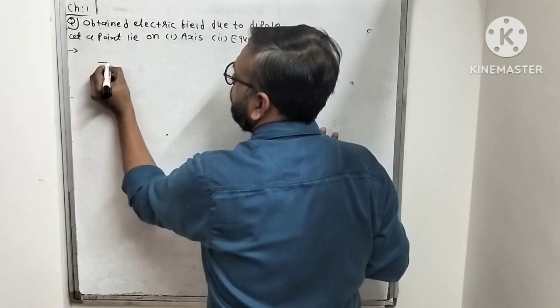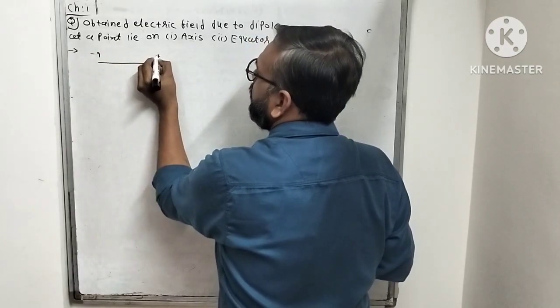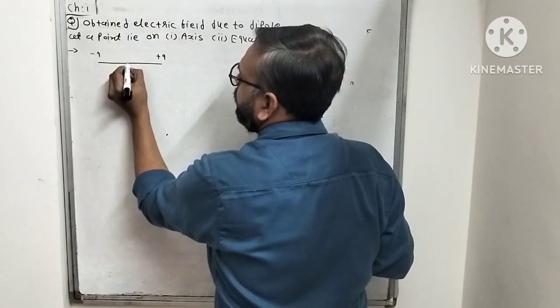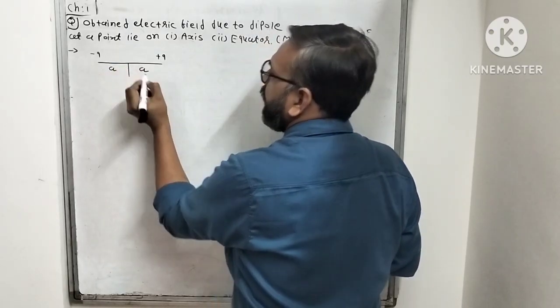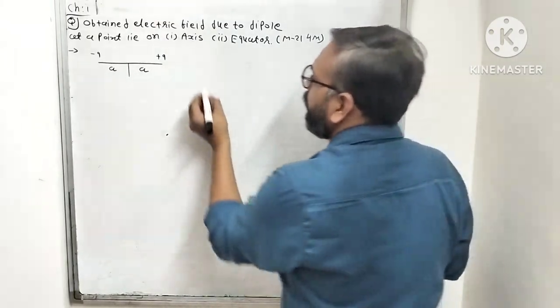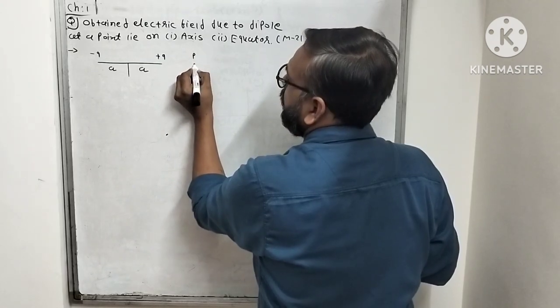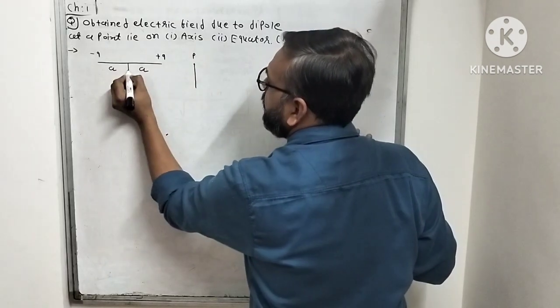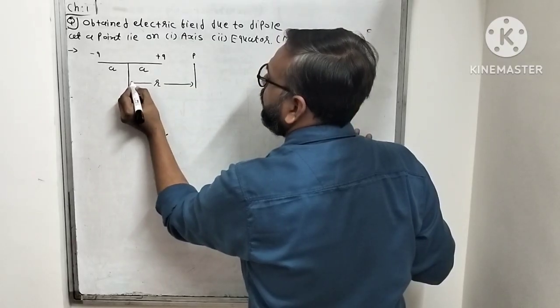Electric dipole, minus charge, plus charge, at a distance of A from the midpoint on each side. So the total distance is 2A. We want to find the electric field at a point P, which is situated at a distance R from the midpoint of the dipole.